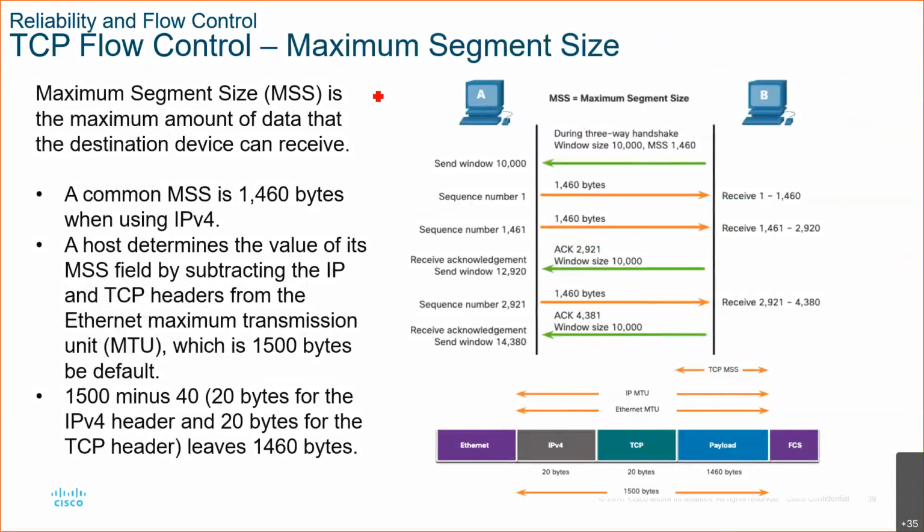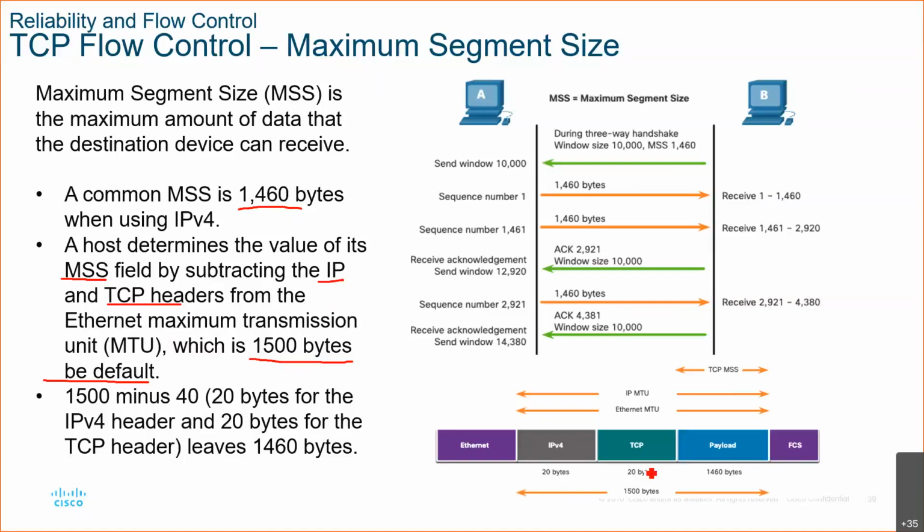Now, why 1460 bytes? It's very simple, because your actual bytes by default is 1500 bytes. But it has to take into consideration that the value of its MSS is not exactly 1500, because it subtracts the IP and the TCP headers.